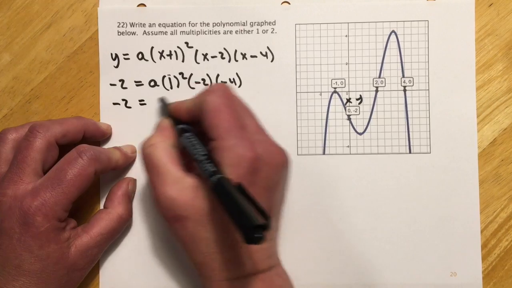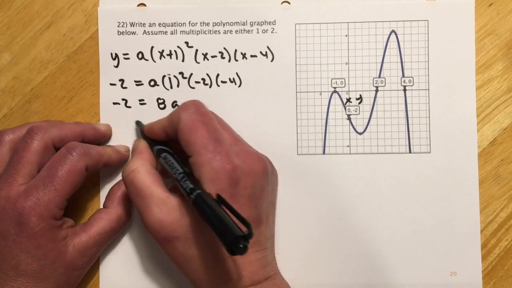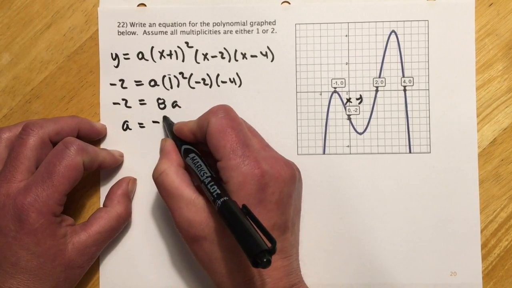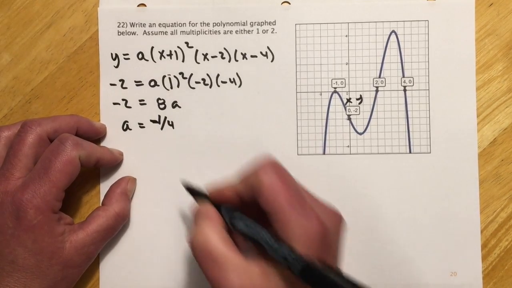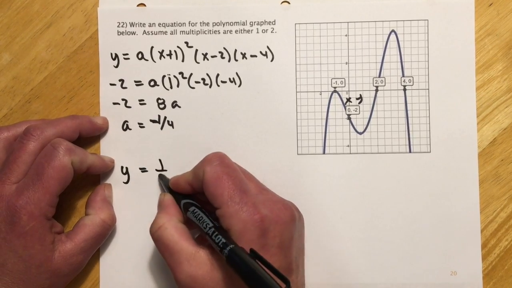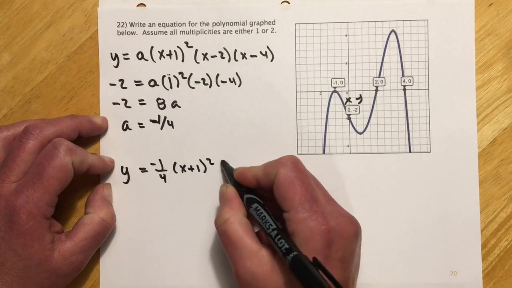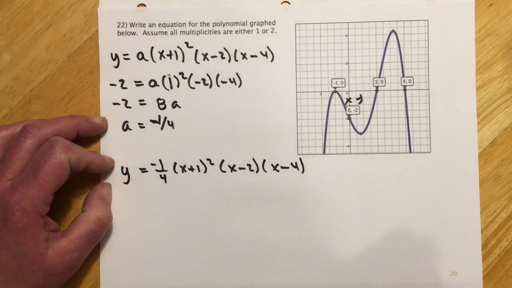So -2 equals 8a, and then dividing, I get a equals -2/8, or -1/4. And so writing the final answer will be y equals -1/4 (x plus 1) squared, (x minus 2), and (x minus 4).